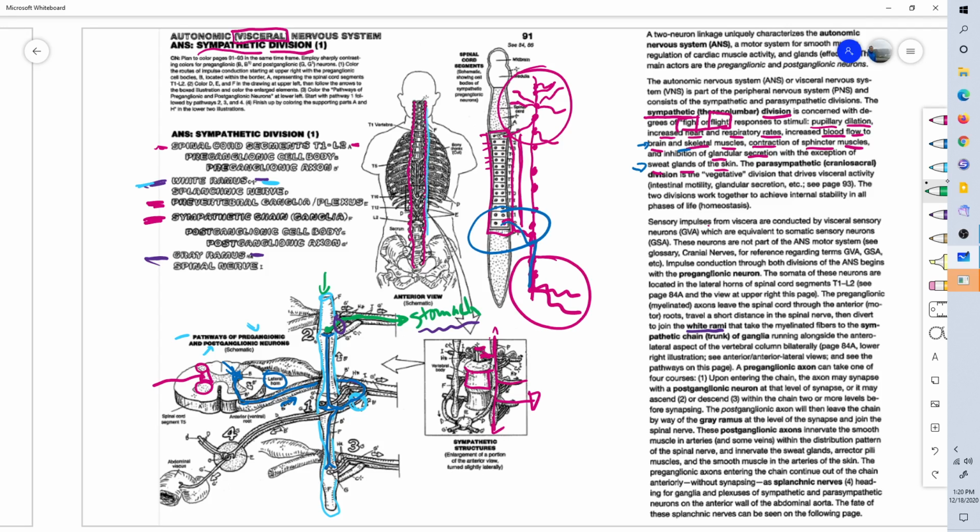Let's follow the other path. Let's see of this preganglionic neuron in the middle level, which synapsed right here at the same level.